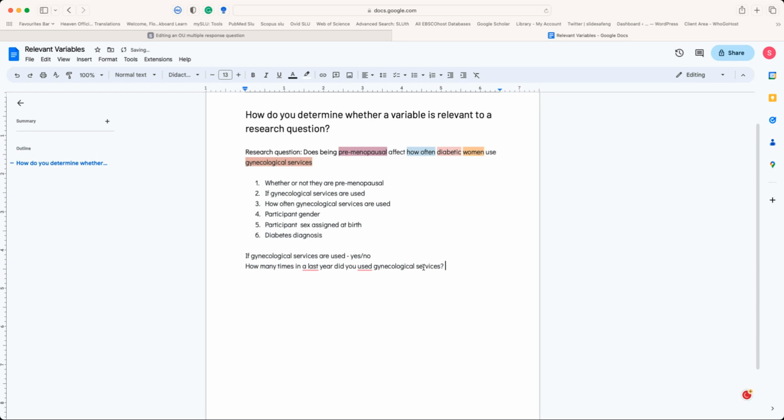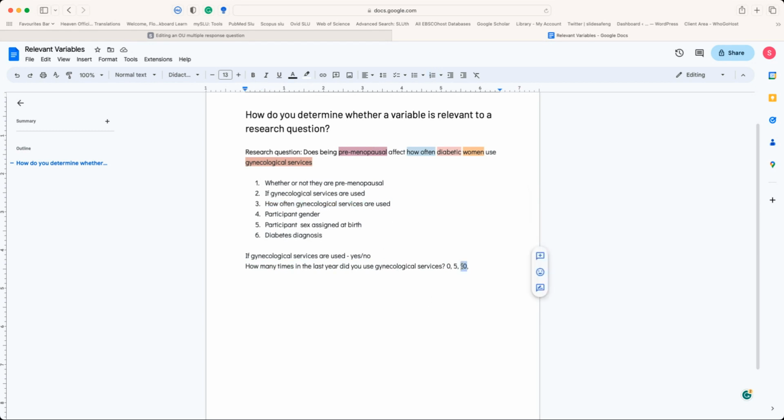If anybody says zero, then you know that gynecological services were not used. If they say five, then you know that gynecological services were used 5 times. If they say 10, you know gynecological services were used 10 times.